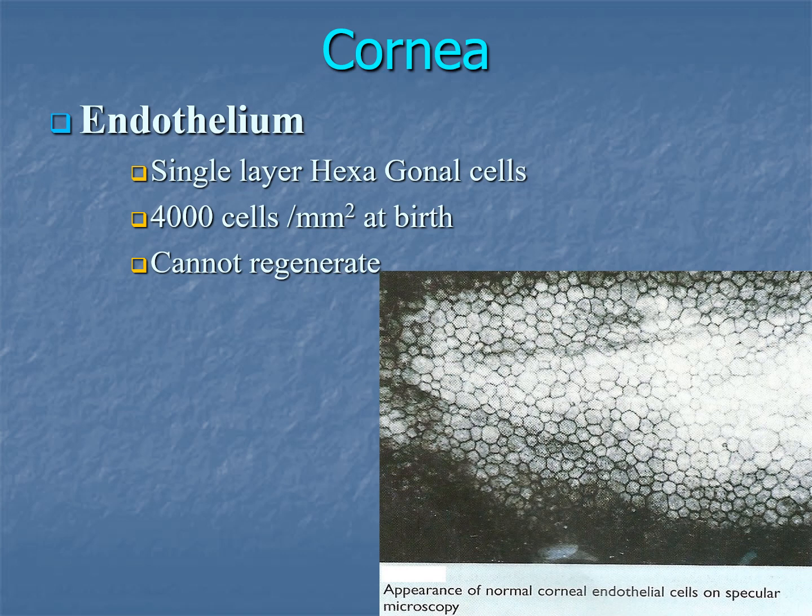They decrease in number throughout life, and they cannot regenerate. The neighboring cells expand and fill the gap. Once the number falls below 500 cells per millimeter square, corneal edema is bound to occur.